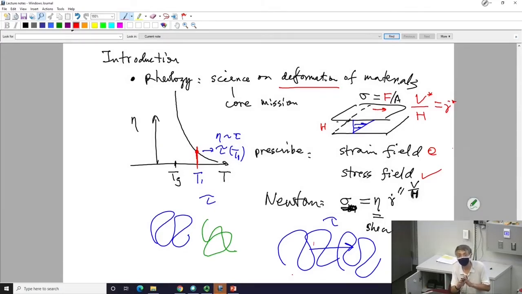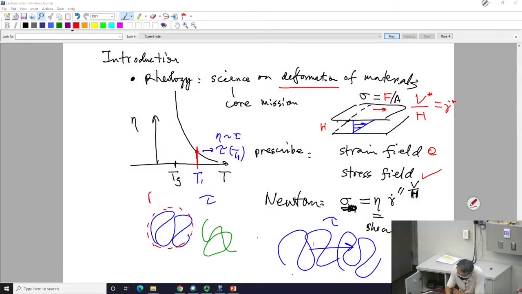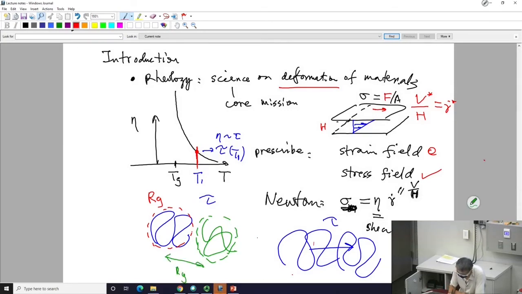I'm going to avoid that problem by telling you the following. This chain, as I said, is a so-called Gaussian coil. It has a size, whatever its size is. The convenient thing we can say and do is that the time it takes for this chain to move a distance about its size, which is what I said, turns out to be a good way to define the time.